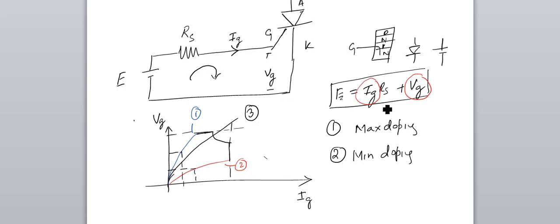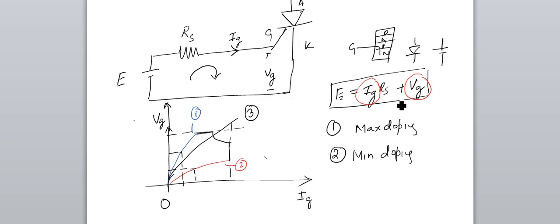If you draw this equation in this plane, it will be like this. At current equal to 0, Vg is E. And at voltage equal to 0, the current will be E upon Rs.